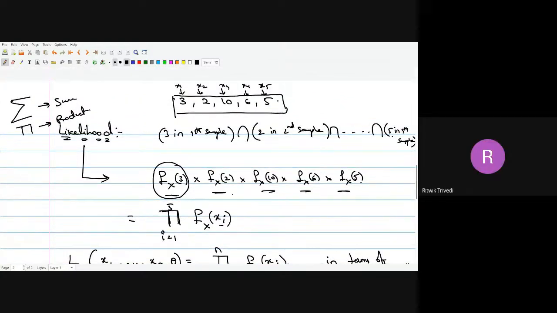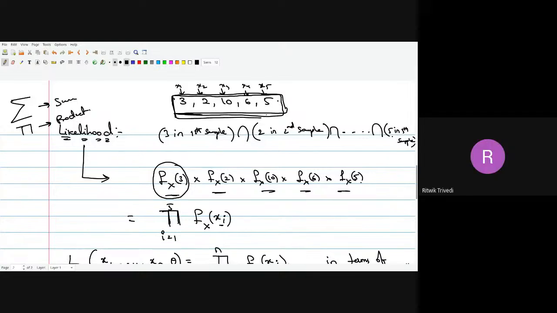And this likelihood gives us the density value such that the sequence is 3, 2, 10, 6, 5. So we are going after that particular parameter value which gives me high density, high L theta, high L of x1, x2 to x5, so that this sequence is highly probable to occur.